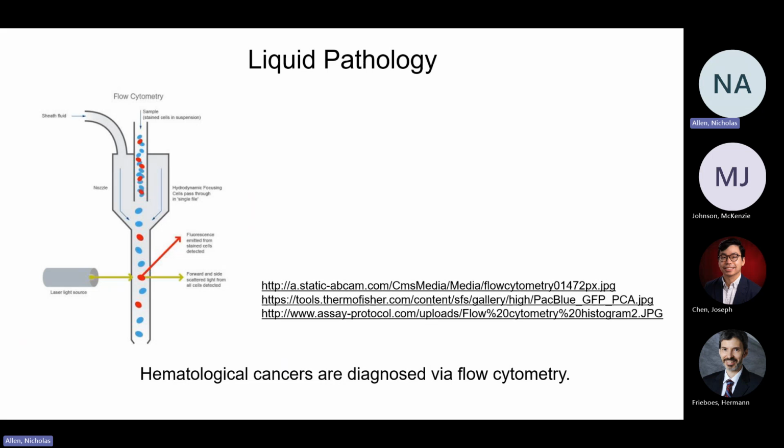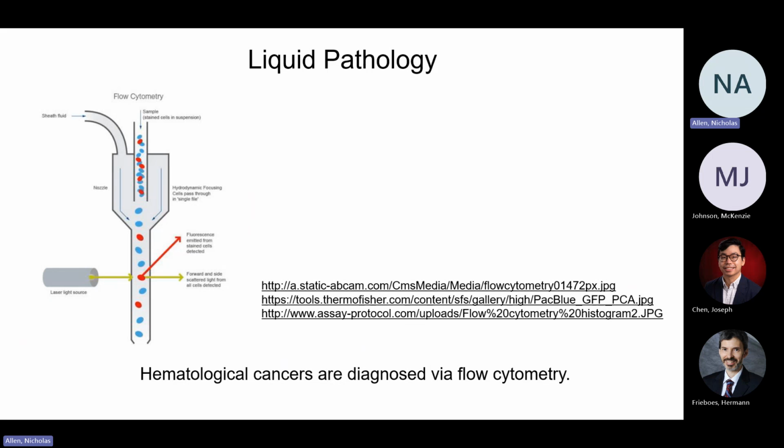So the way that flow cytometry works is you have these cells, and I can use flow just on the cell itself without any label and look at its size and complexity, but most people use a fluorescence label in combination with that. So I apply a fluorescence label to the cell, and it moves through a microfluidic channel cell by cell, and there's a laser, and when the laser hits the cell, if the cell has the fluorescence, it will detect it, and if it doesn't, then it will not detect it.